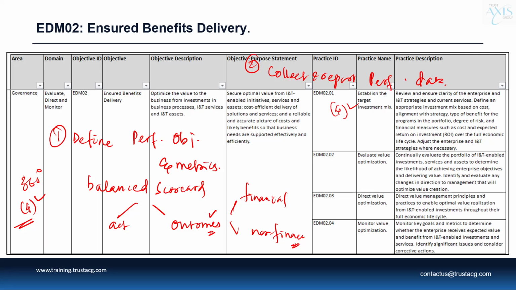So again, it will help you achieve a capability level of 4. And then you can always initiate corrective action. Whenever performance deviations are identified, you can ensure appropriate management action is taken in a prompt manner. So it will always help you maintain an alignment with the expected outcomes.